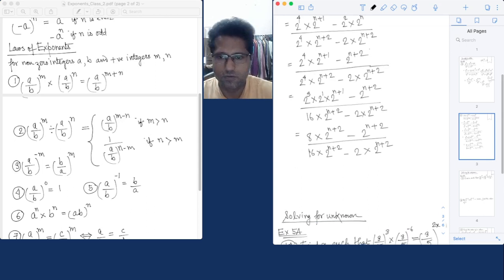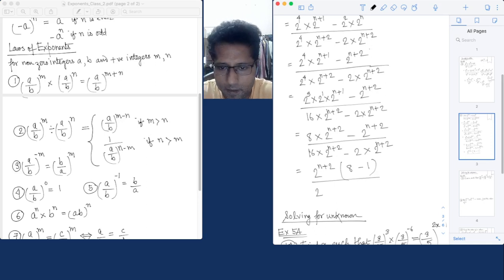Now if you see, I can take common 2 to the power n plus 2 from all the 4 numbers. I can write the numerator as 2 raised to the power n plus 2, taking this common, and this is 8 minus 1. And from the denominator I am also taking 2 raised to the power n plus 2 common. So this becomes 16 minus 2.